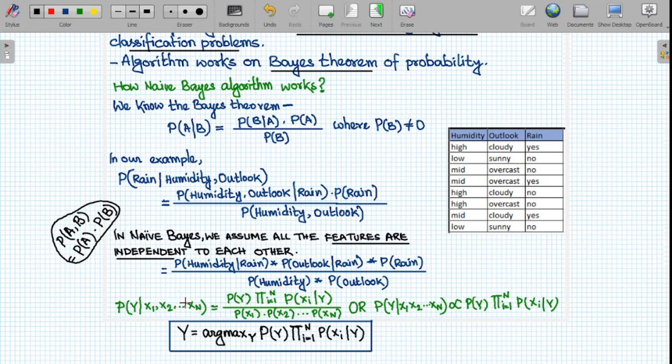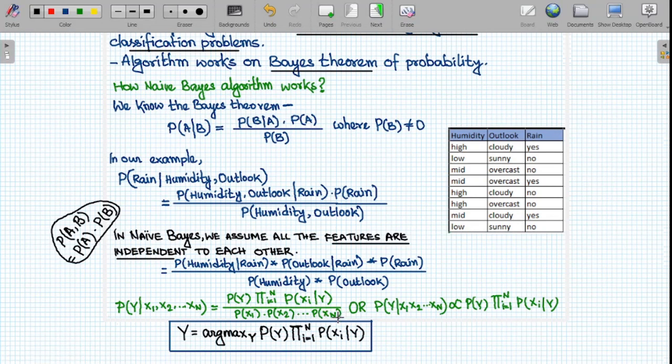All these are nothing but the independent columns of my generalized problem statement, equal to probability of y times pi i equal to 1 to n probability of xi given y. We are using pi because here we are not summing them up, we are multiplying them. So pi will be here for n number of independent features, and in the denominator it will be probability of each feature, probability of x1, probability of x2 till probability of xn.